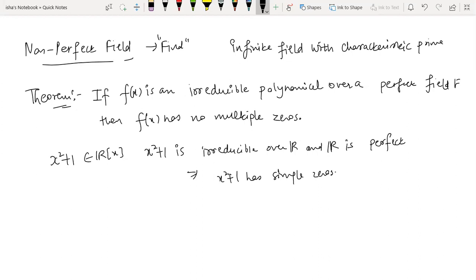Let me just give you another example for the same. Let me just give you some irreducible polynomial. Right. This was the first example. So if I give you this, x raised to power 4 plus x cube plus x square plus x plus 1.